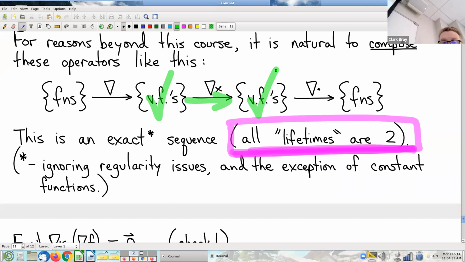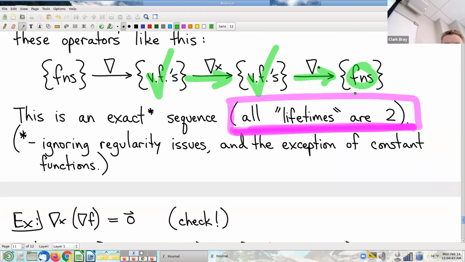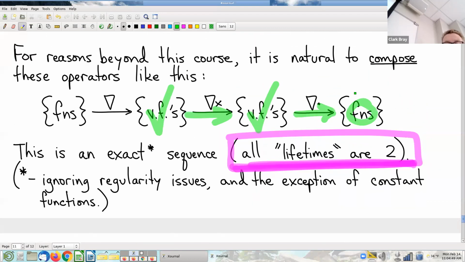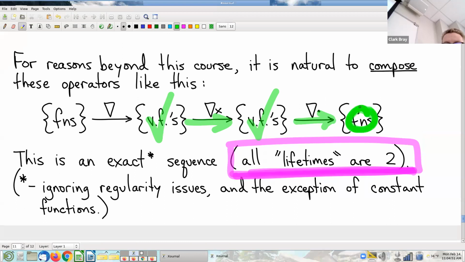That's all well and good. But if you have a curl, something that is the curl of something else, and you take its divergence, oh, you will get 0, because that's a lifetime of 2. So the divergence of the curl of a vector field is 0.